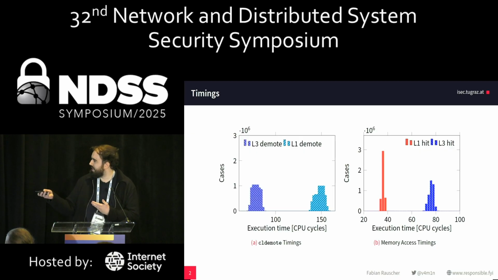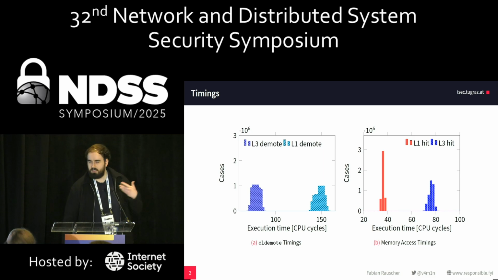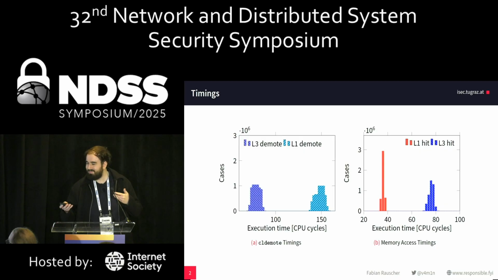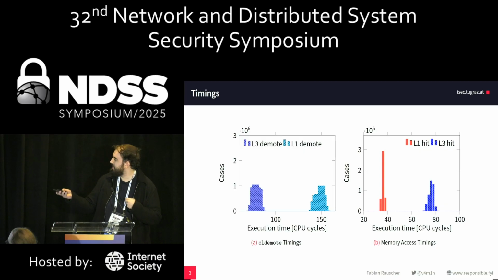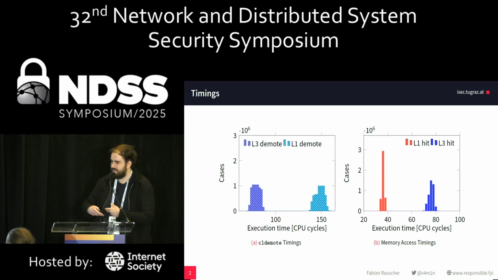If it's already in the L3 or not in cache at all, it's significantly faster because it just has to do less. On the right-hand side, we have the classical thing, the difference between L1 hit and L3 hit, of course pretty large. The L3 hit measurement here is after executing the CL-Demote instruction on some cache line. So we move it into the L3, and then if it's accessed again, it takes significantly longer to access.